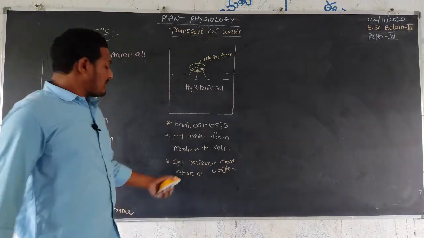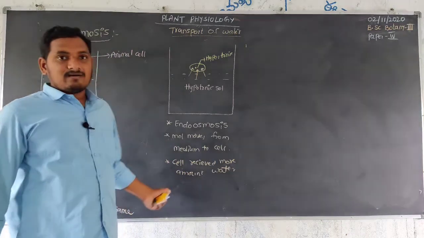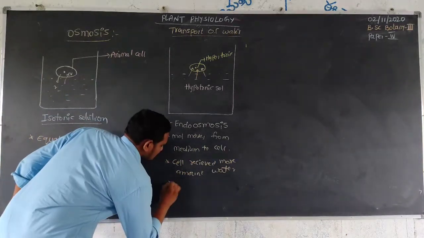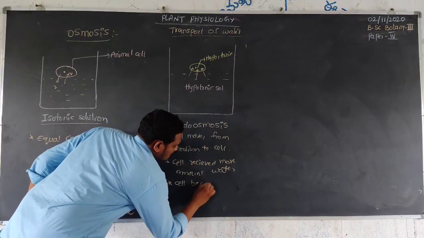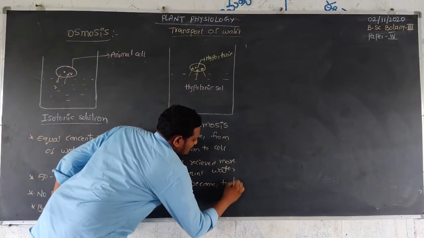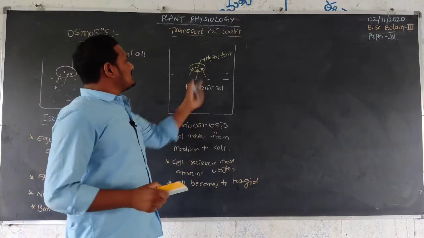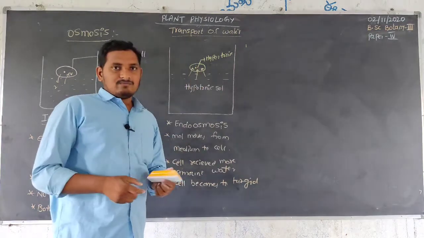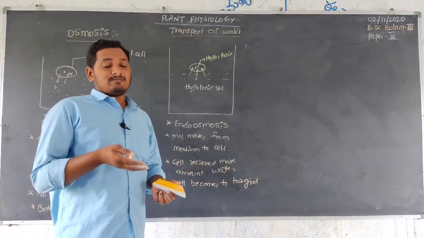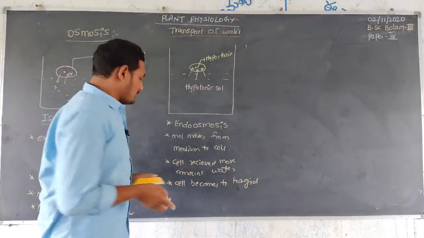That's why what will happen? The cell will swell, or the cell is turgid. Due to that, the cell breaks down. The plasma membrane will be broken down.